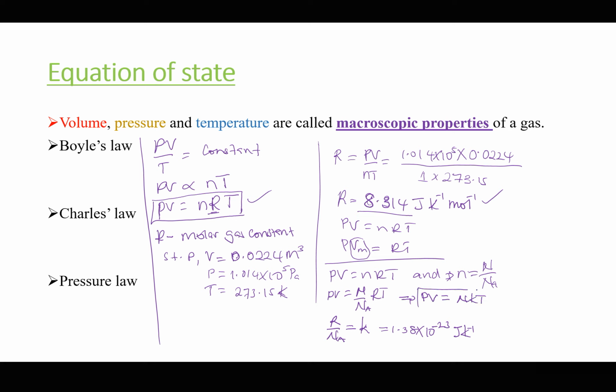So sometimes you'll find this equation somewhere in your calculations. Many times you'll find this equation there. Remember, P is pressure of a gas, V is volume of the gas, N is the number of molecules, number of atoms in the gas, and k is called Boltzmann's constant.